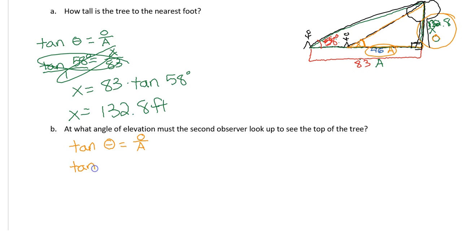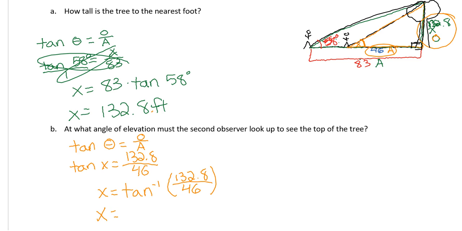So tangent of x, I'm solving for the angle, equals 132.8, that height is what I'm using, over 46. Since I'm solving for the angle, x equals the inverse tangent of 132.8 divided by 46.